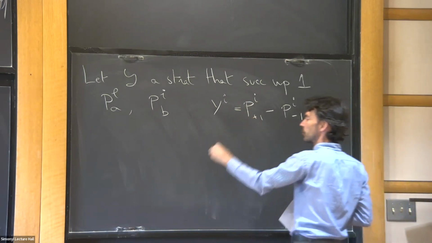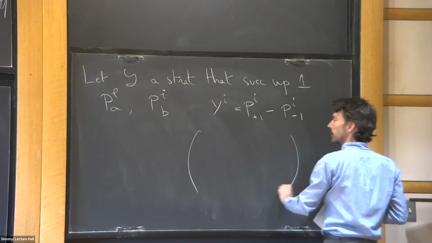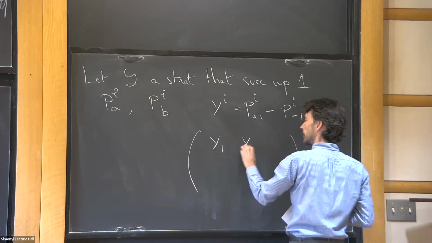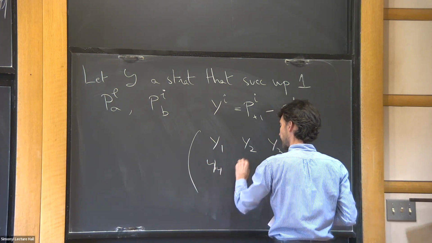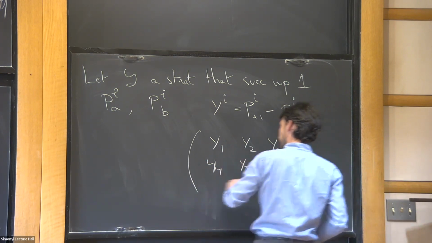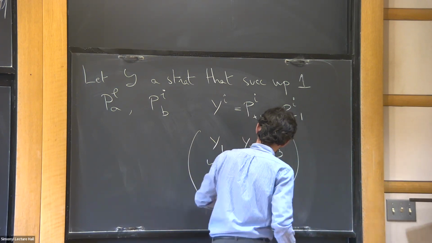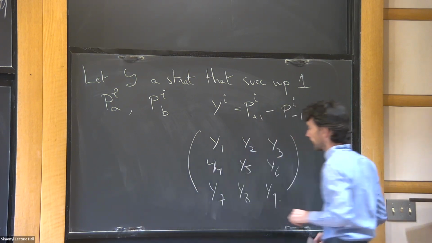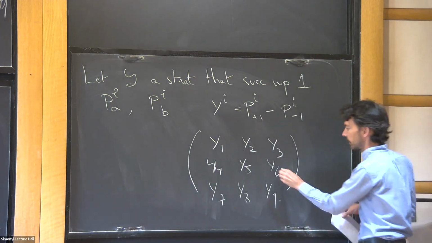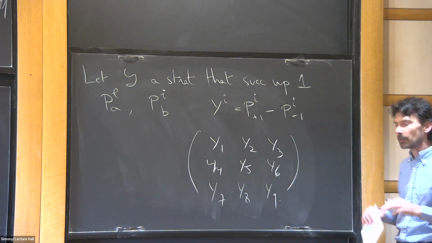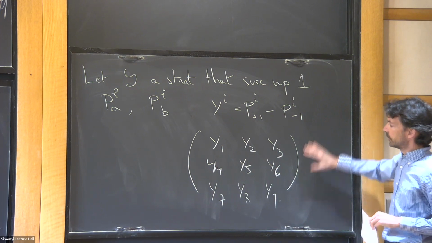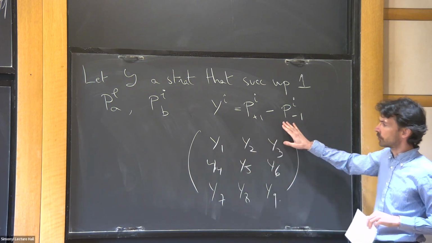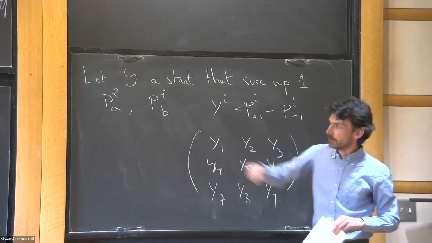So I can write these y's in a square: y1, y2, y3, y4, and so on up to 9. And I can show, and that part I'm skipping, using the fact that the strategy succeeds with probability 1, that these y's that came from the strategy must multiply exactly in the way that I wrote here.